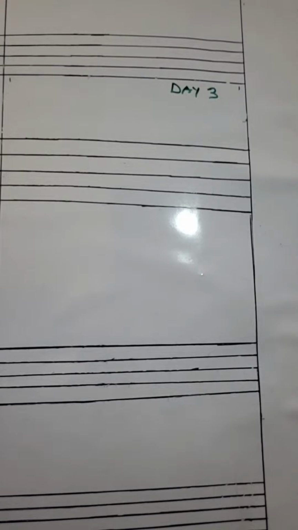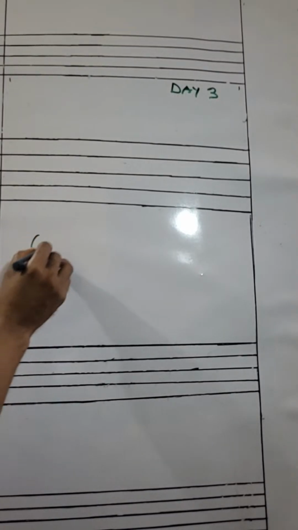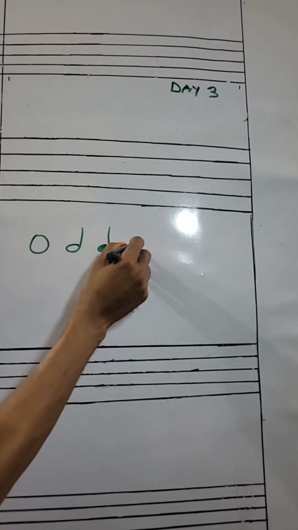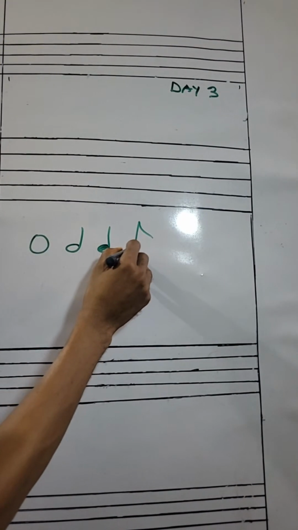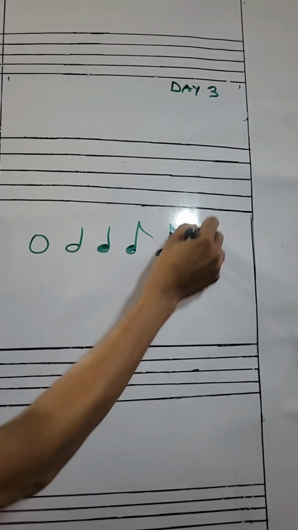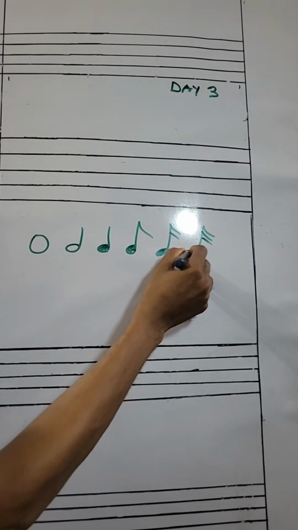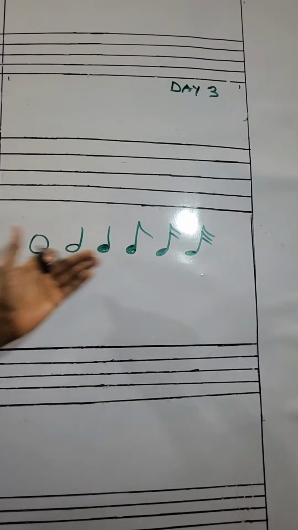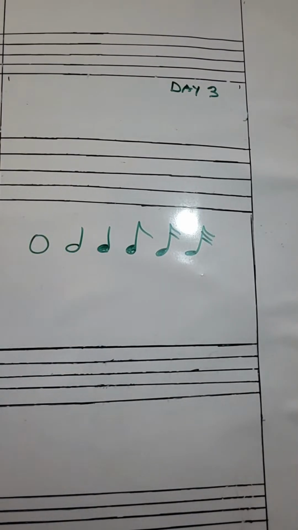But before we start today's work, let's look at what we did yesterday within the next 5 minutes. So yesterday we gave you the 6 kinds of notes that are currently in use. And after that, we were able to establish the beats of these notes.